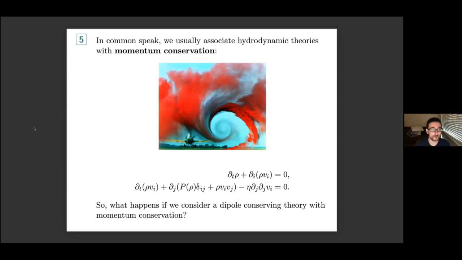At the time, I was a little salty about this, but in common parlance, it is true that normally we think about the Navier-Stokes equations as fluid dynamics. So it's a cute question: if you have a fluid with momentum conservation, but you add on top of that charge and dipole conservation, how do these Navier-Stokes equations get modified in the presence of this additional conservation law?